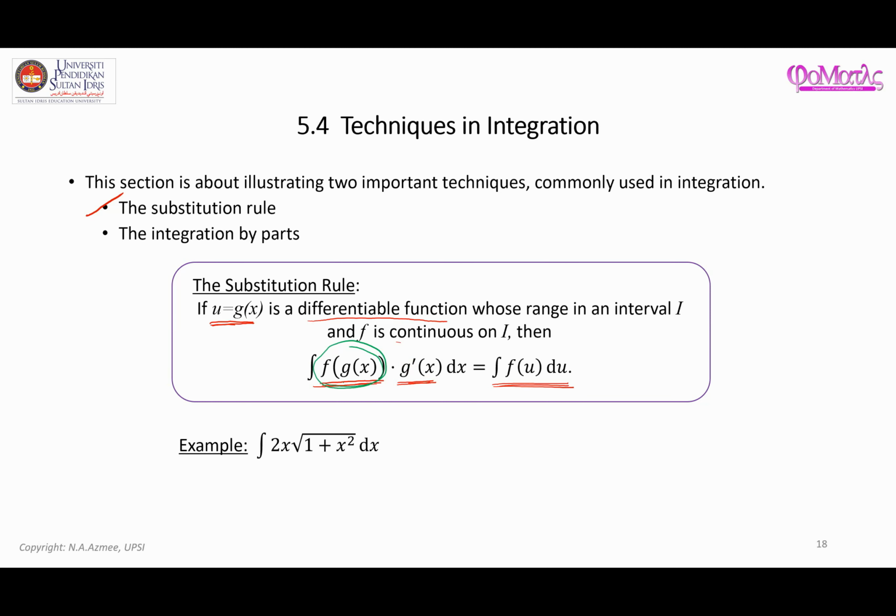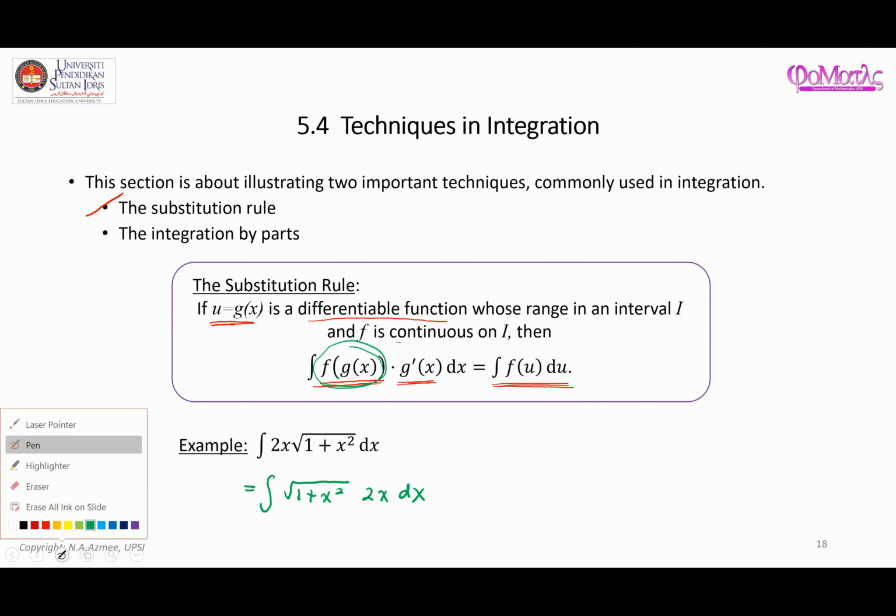Based on this, first of all, I can rewrite this, changing the position of it as such: square root of 1 plus x squared, times 2x dx. I'm sure you can see this could have been my g(x).